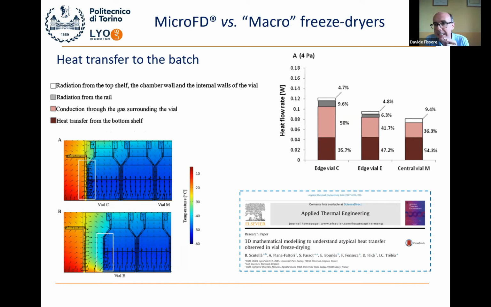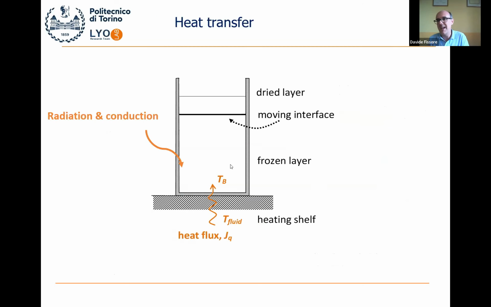Usually, when people deal with the heat transfer mechanism, the rate of heat transfer to a product in a freeze dryer, usually people do not consider the heat flow rate. They consider another parameter, that is the famous Kv, the heat transfer coefficient. Let me introduce this parameter. This is a sketch of what is occurring in a vial in a freeze dryer. In the vial, we have a frozen layer, a dried layer, and a moving interface from the top to the bottom of the product.